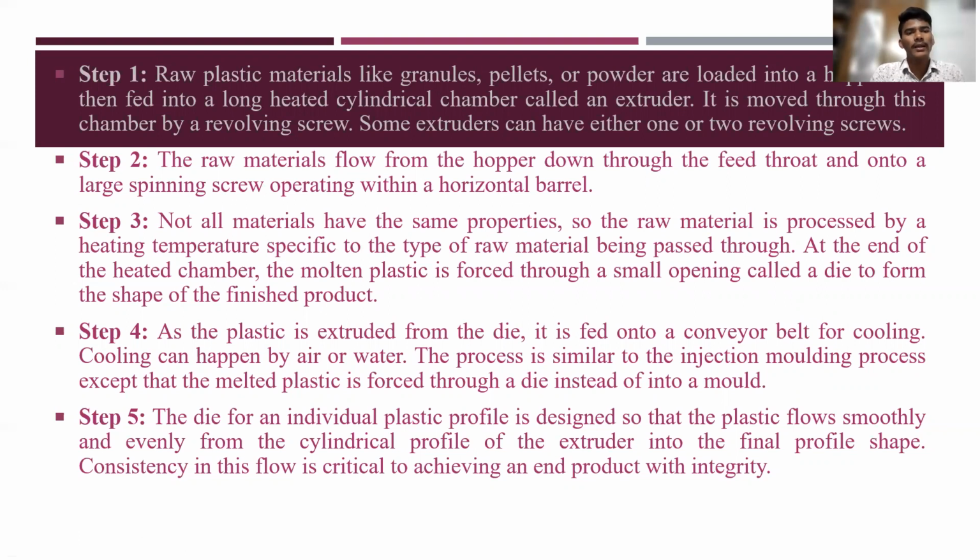The raw plastic material, like granules, pellets, or powder, is loaded into a hopper and then fed into a long heated cylindrical chamber called an extruder. It is moved through this chamber by a revolving screw. Some extruders can have either one or two revolving screws.